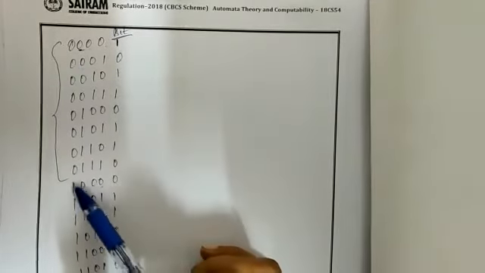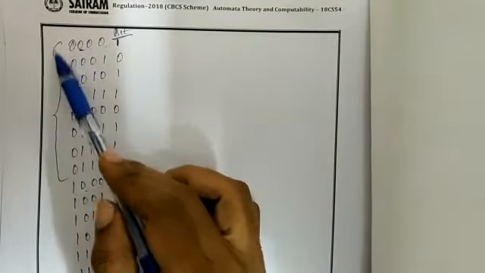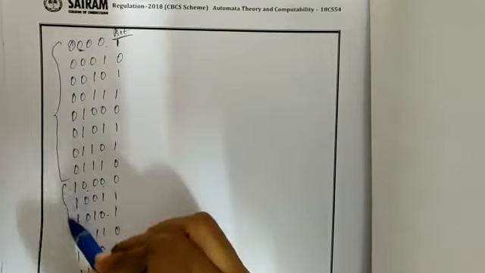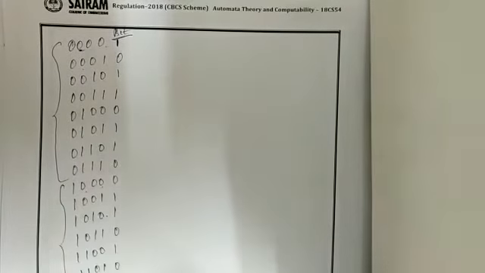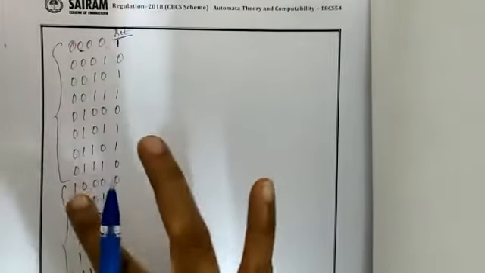Only the first bit changes. The remaining 3 bits are the same for the first 8 combinations and for the next 8 combinations. So while designing a Mealy machine, I'll make a branch: one branch for the first 8 and another branch for the second 8.